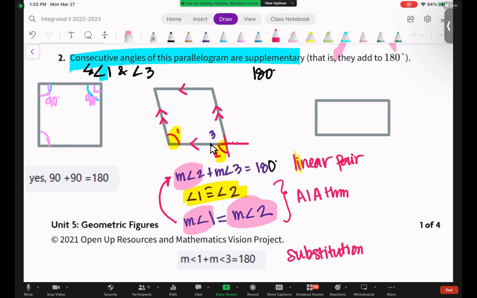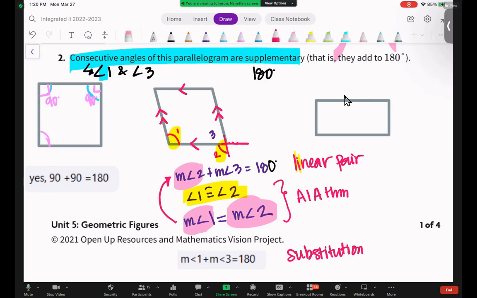Okay, it's a linear pair, meaning they form a line. Does anybody see what word is in linear pair? Yeah, it's a line. So whenever you see a line and you have two angles making up that line, you're going to say linear pair. Be comfortable with these things.